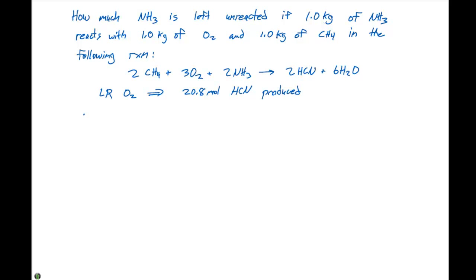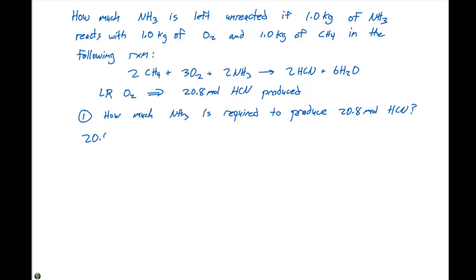So the first step that we want to ask ourselves is how much NH3 is required to produce 20.8 moles of HCN. So we're going to start then with the 20.8 moles of HCN.